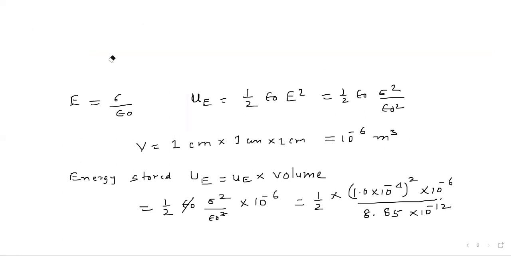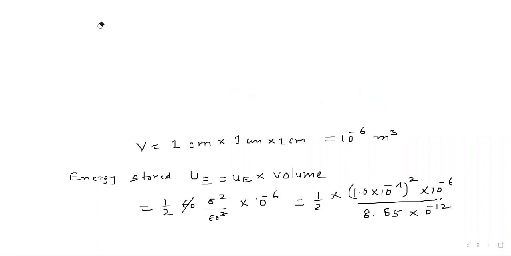Now let's simplify it. So it becomes energy stored UE equal to 1 by 2 into, in the numerator 10 power minus 8 and minus 6, and from the denominator plus 12, divided by 2 into 8.85.